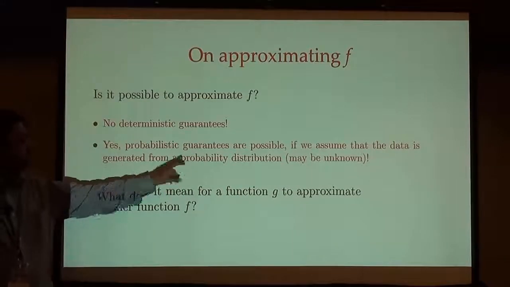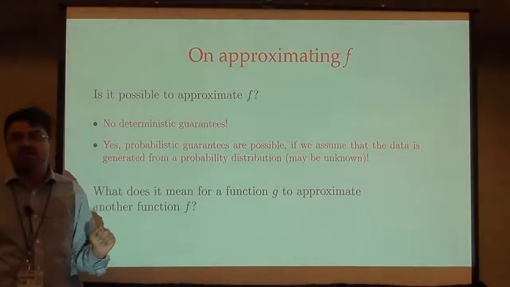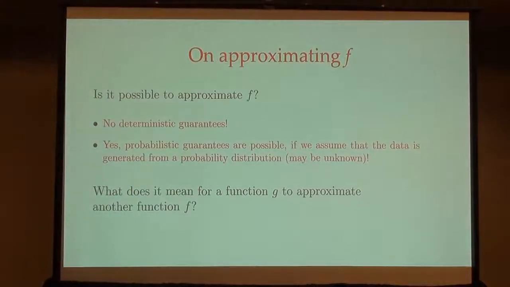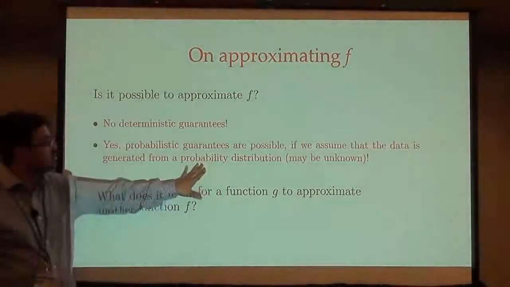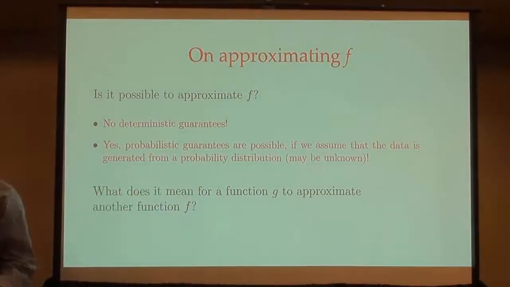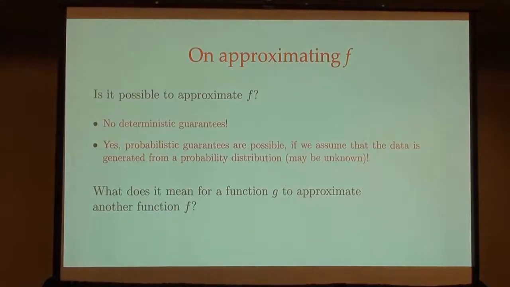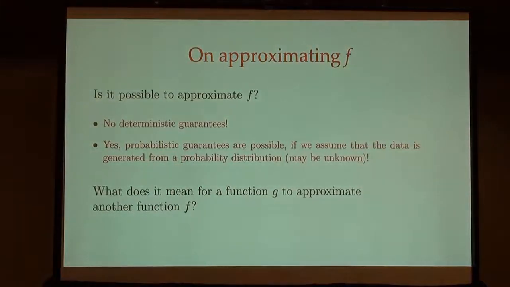If this is true, then probabilistic guarantees are possible on how well you can learn, and that's the whole field of statistical learning theory. I want to say another thing here: you can possibly do without this assumption and use what are known as adversarial models of data generation, but then you have to model your adversary properly, like how bad the data can be.